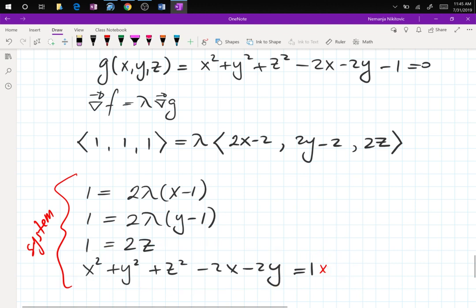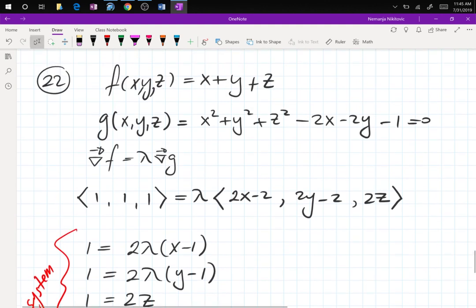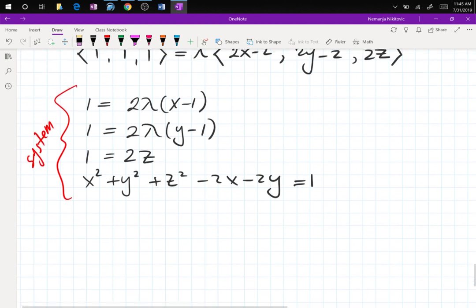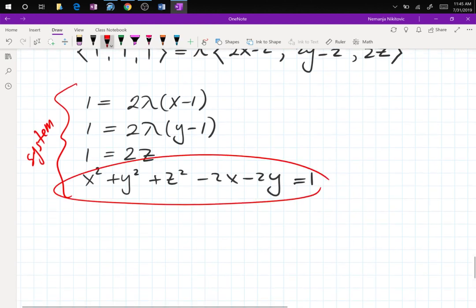So when we are talking about the constraint as a g equation, we want it equal to 0, but then it's more writing to have it equal to 0 when it's part of the system, right? So it doesn't matter.